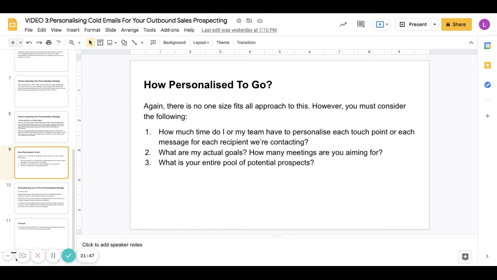For example, 500 prospects a month, adding in more hyper-personalization and targeting, and it's going to take you 6 months to finish through that entire pool. Or you can even make it 250 and get even more hyper-personalized. So it's a really important question to consider: what is your entire pool of prospects?